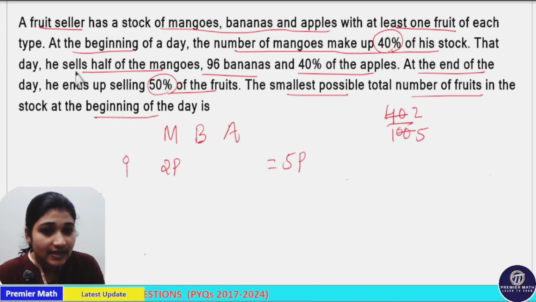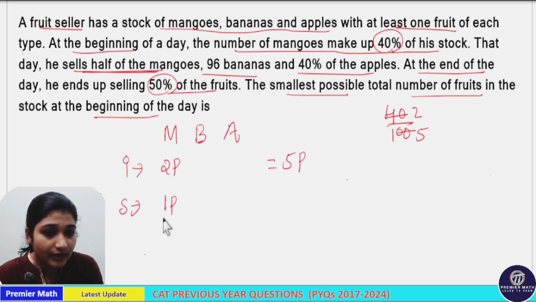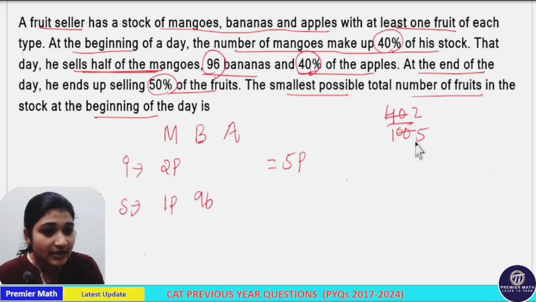And he sells half of the mangoes that day. So the number of mangoes he sold is half of 2 parts, which is 1 part. And he sold 96 bananas and 40% of the apples. So 40% of the apples means, again, if I'm taking 5x as total apples, then he sold 40% of the apples. That is 2x apples.